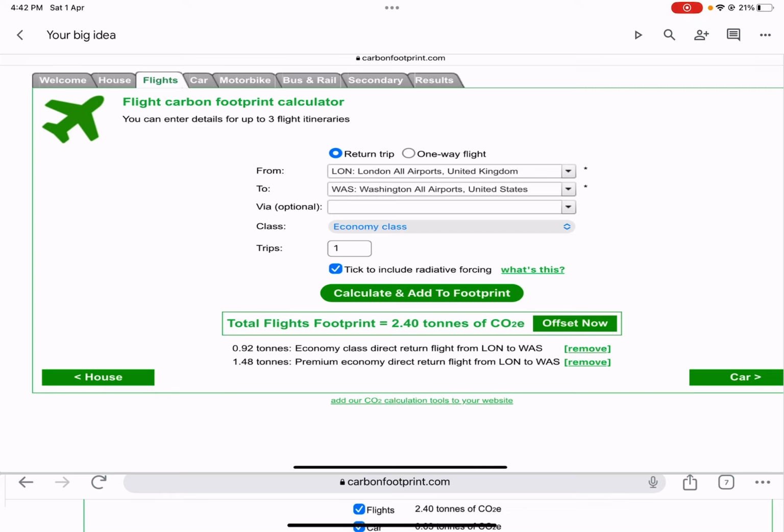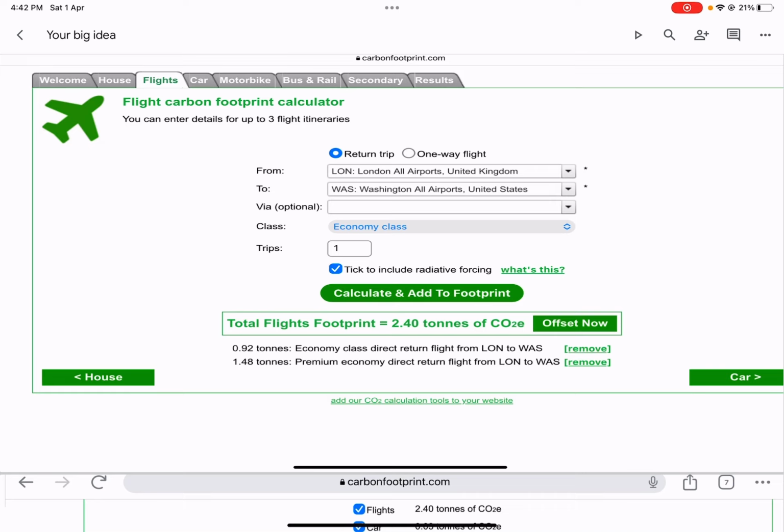Here you would find that there is something called a tick mark to be done to include radiative forcing. So radiative forcing is basically an indirect contribution of the flights to global warming. So one is direct, because of the combustion of the fuel, and second is indirect, because of what is known as radiative forcing.